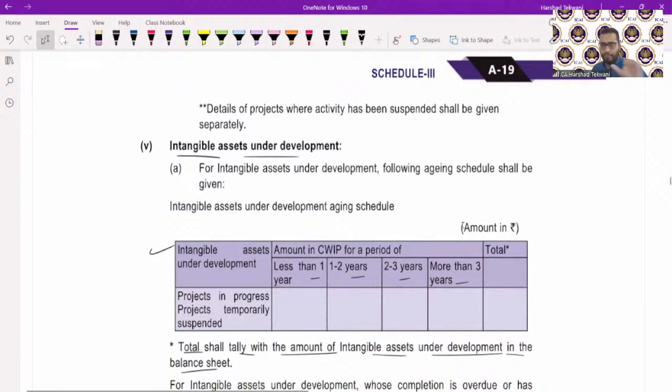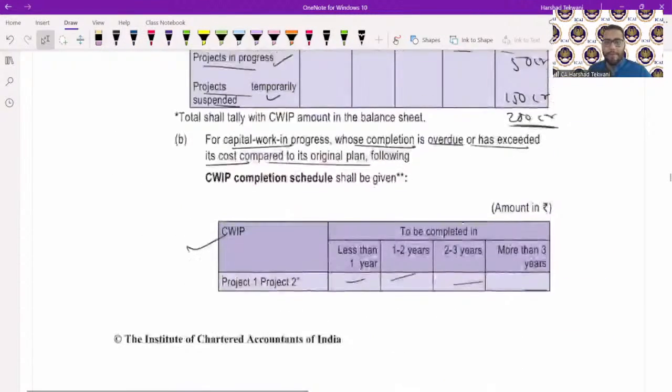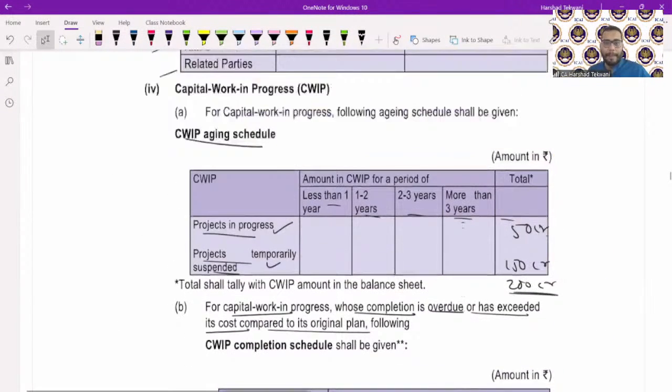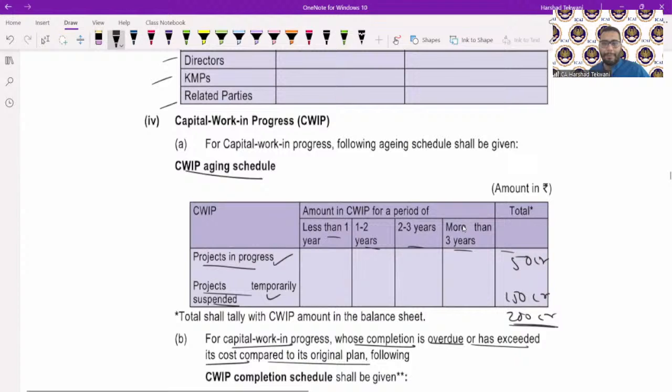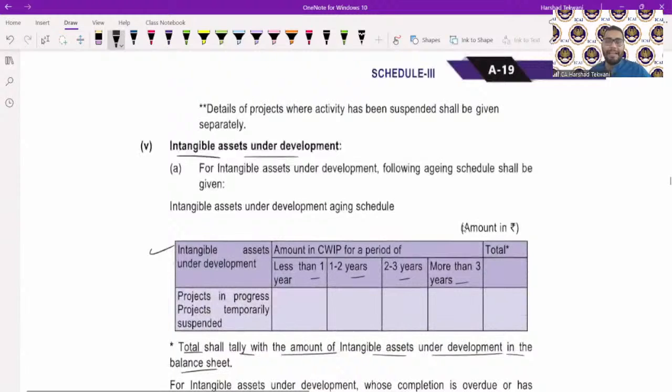Just a small thing: when we use the words capital work in progress, CWIP, that is for tangible assets. When I use it for intangibles, I say intangible assets under development. Try to maintain these terminologies because these are the terminologies specified in Schedule 3, Division 1.